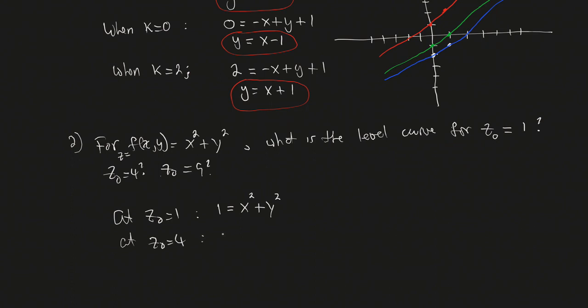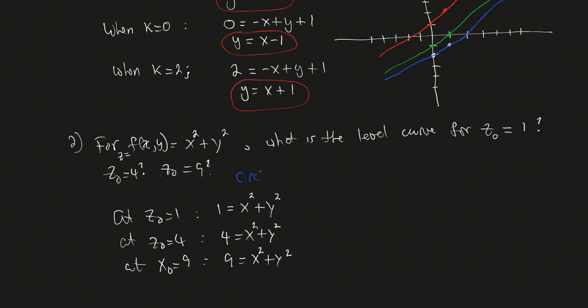So you'd have 4 is equal to x squared plus y squared. And then at z0 equals 9, you'd have 9 equals x squared plus y squared. So these are all circles centered at the origin.